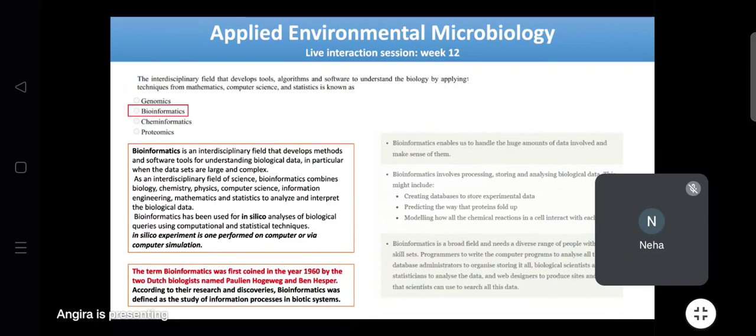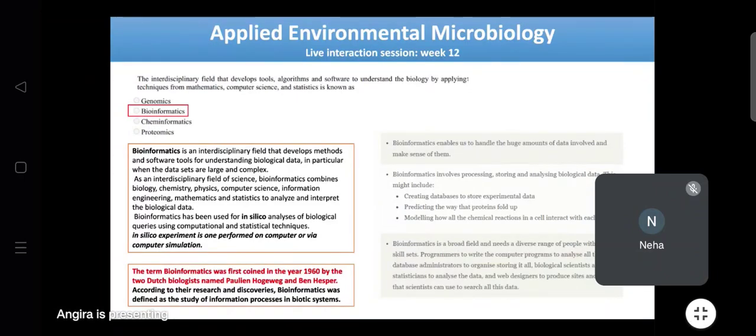The bioinformatics process involves storing and analyzing biological data, and it further involves creating databases to store experimental data and predicting the way a protein folds up. How do you do this?